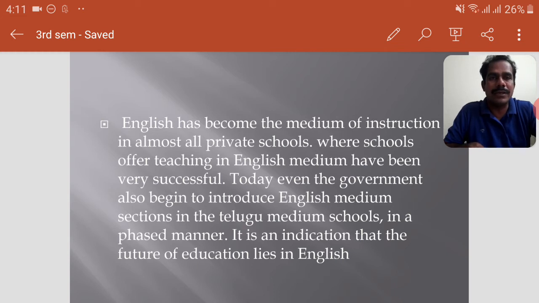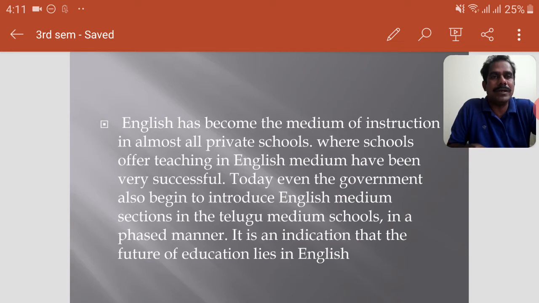So English medium is introduced in the Telugu medium schools in a paced manner. Now the government is moving from Telugu medium, or mother tongue, to English medium in a paced manner. It is an indication that the future of education maybe lies in English.